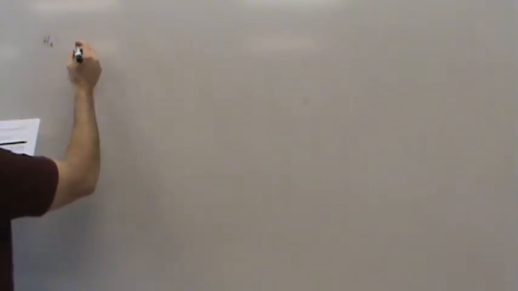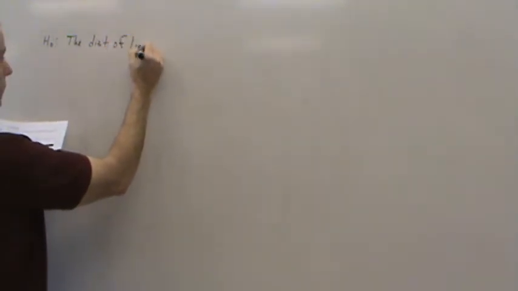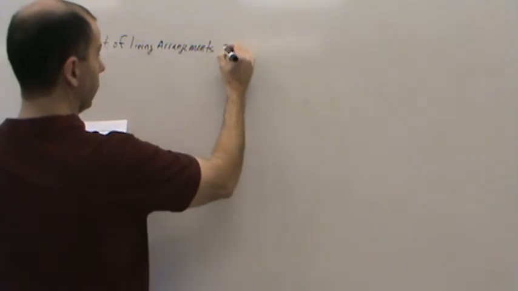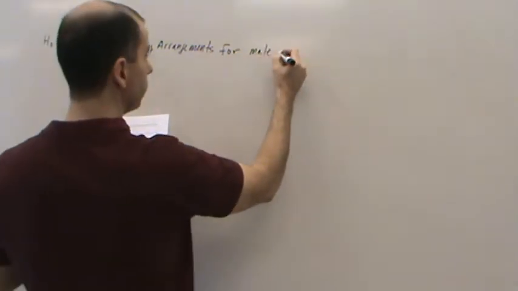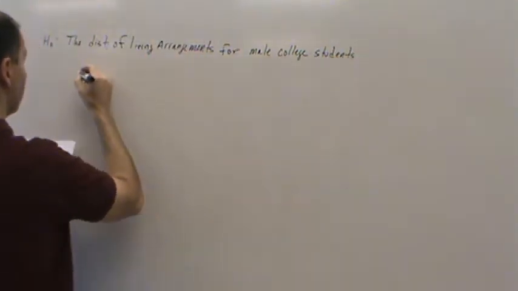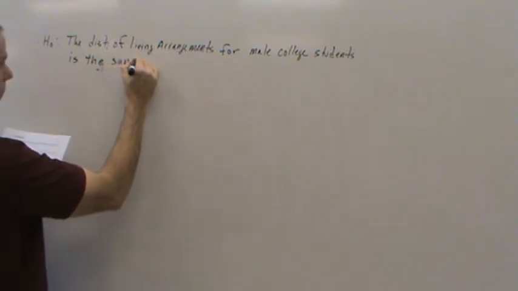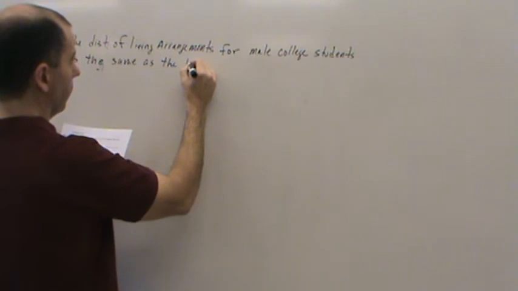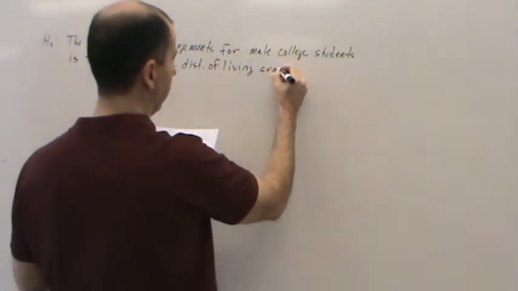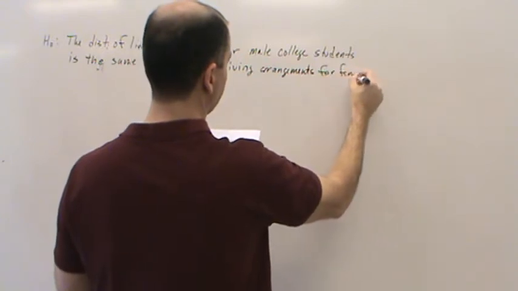Yeah, let's do it that way. Let's just write it this way. So the null hypothesis is that the distribution of living arrangements for male college students is the same as the distribution of living arrangements for female college students.